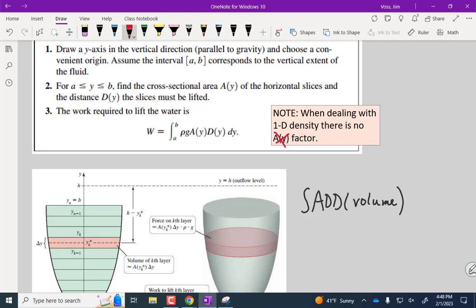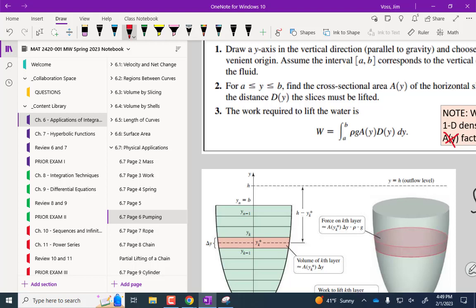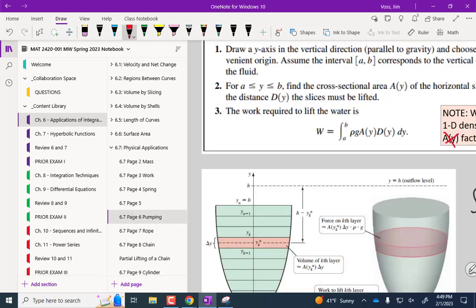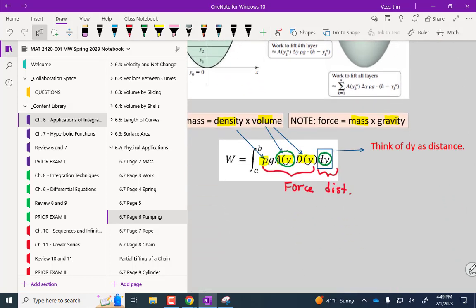If it's one-dimensional, we're thinking of a wire or a rope or a cable so thin that there's no cross-sectional area. We're doing one dimension, so the A of y factor is not there. Let's go to page 7 for the rope.